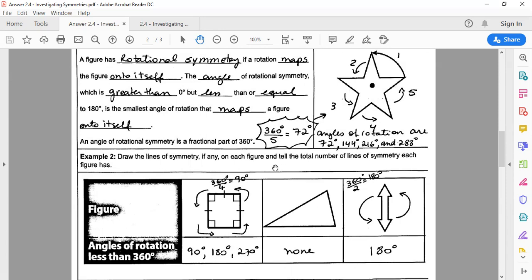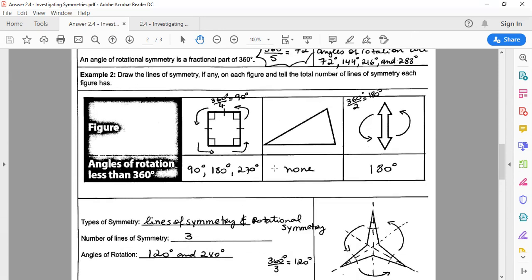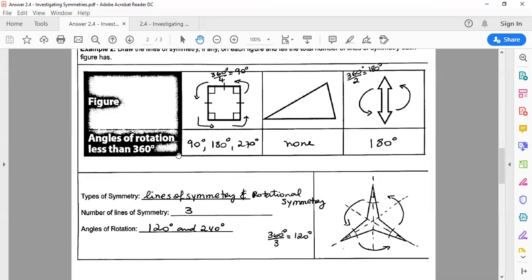Let's look at an example of rotational symmetry. Let's look at these three figures and decide the angles of rotation, all the angles of rotation less than 360 degrees. If I look at a square, remember, the square has all congruent sides and angles. So if I rotate it to the left, I go back to its original picture, and then again and again and again.